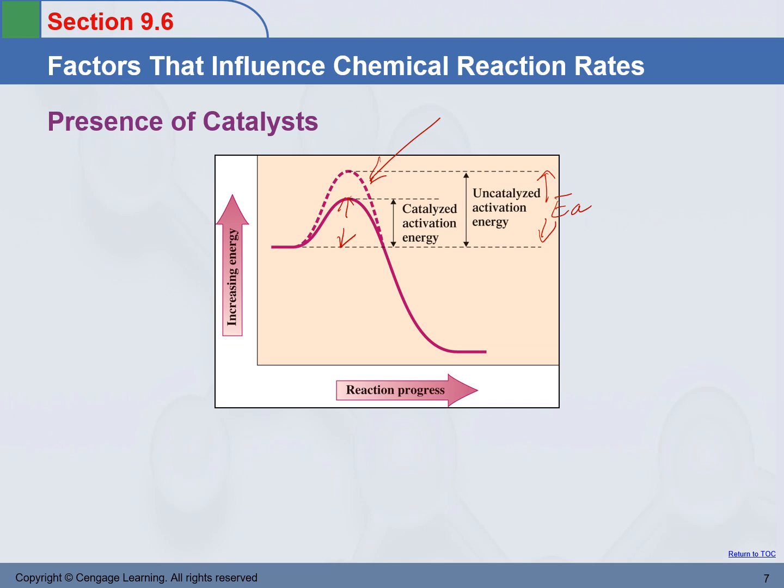Now it is represented by the solid line here. This pathway has a lower activation energy. When the activation energy is lower, more collisions will be able to overcome that energy. Therefore, faster reaction.